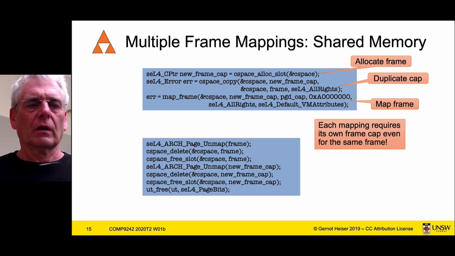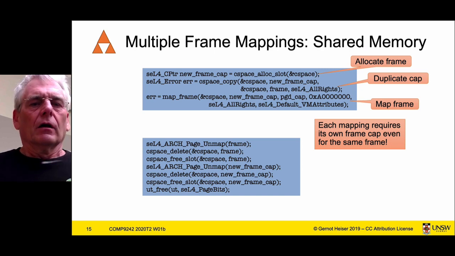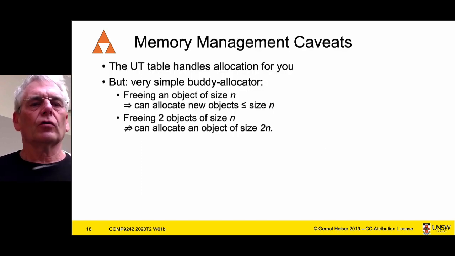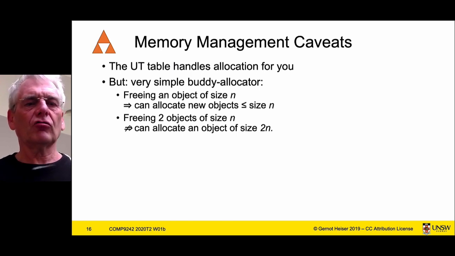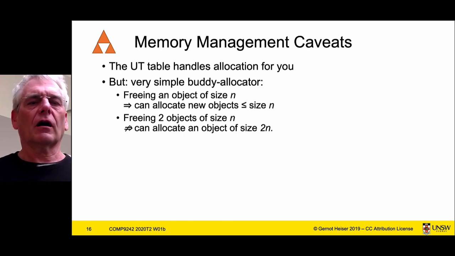And again, there is a whole bunch of other operations that are relevant to all this. When you build up your operating system with all its memory management using our UT library, you need to be aware that this library is very simple. It just uses a simple buddy allocator, and that has some implications.